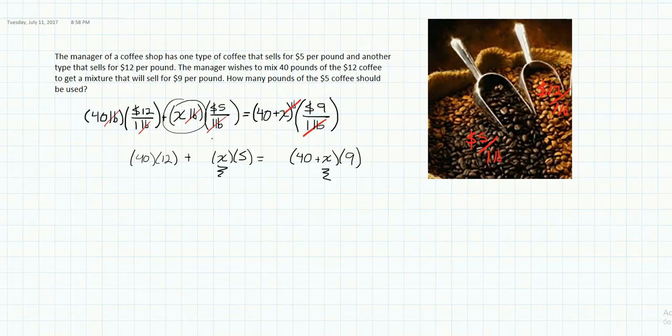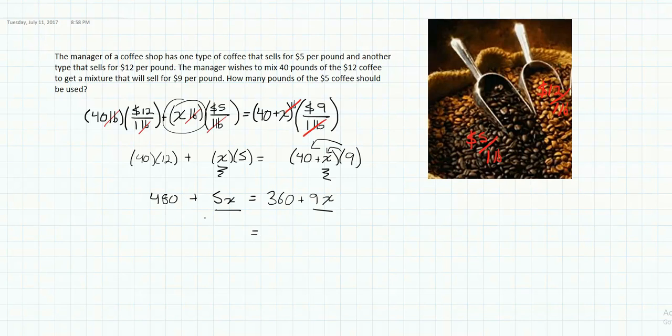So the 40 times the 12, that's going to turn into 480 plus 5 times x. I'm going to distribute the 9 into this 40 plus x, and we'll get 360 plus 9x. At this point, I can think about isolating my x's by gathering them together.